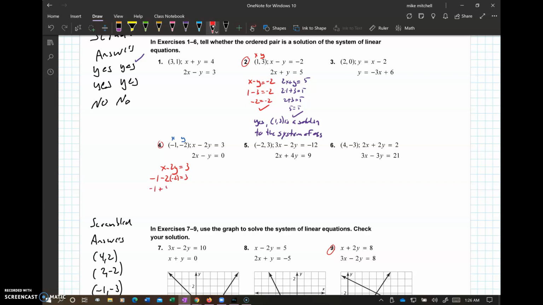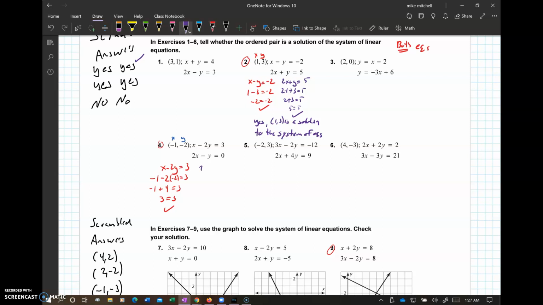Negative times negative is positive. Plus 4 equals 3. 3 equals 3. That checks out. I should mention it's got to be true in both equations to be a solution. If it's only true in one, it's not a solution. So it's got to be true in both of them.